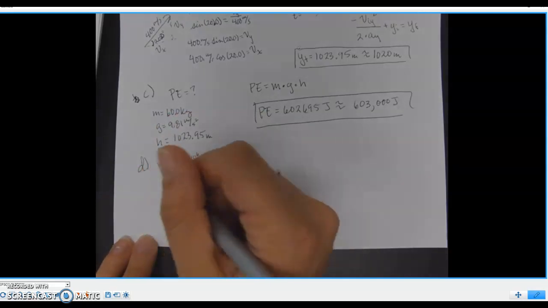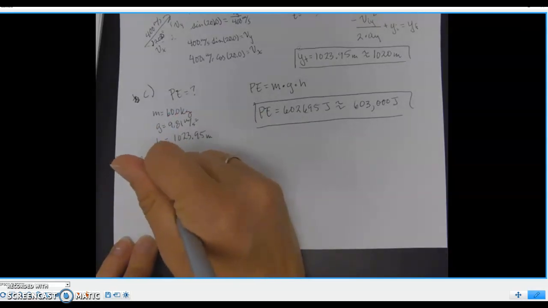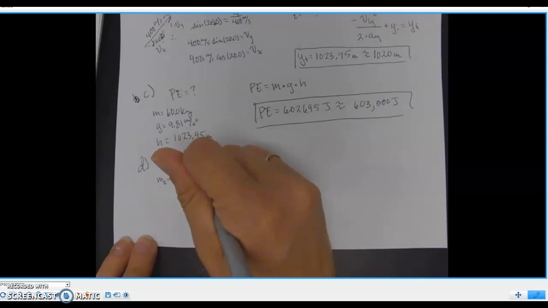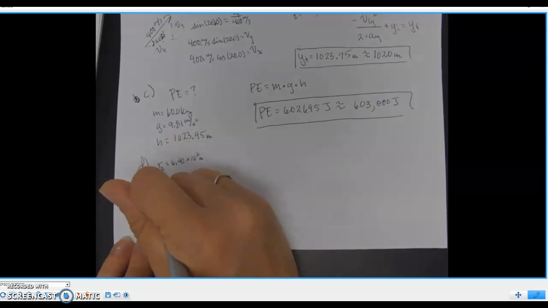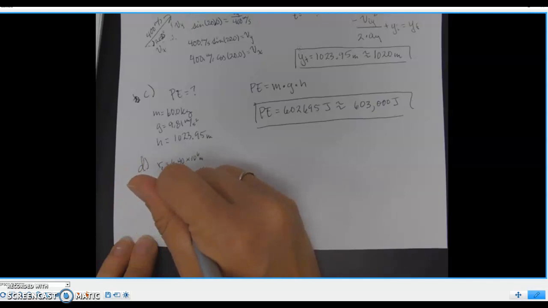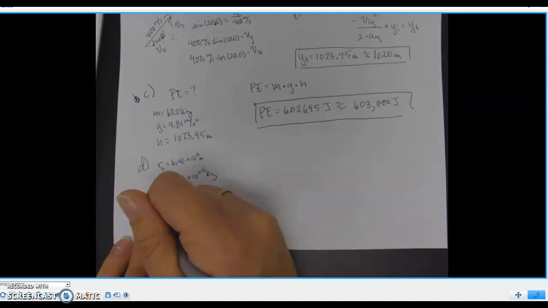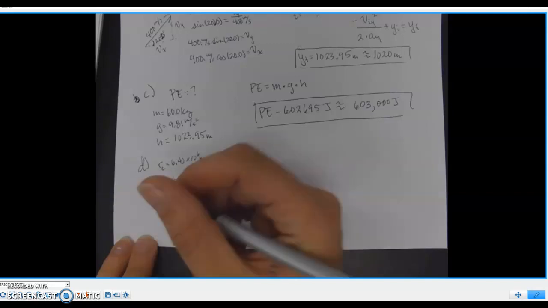We know that the mass of the Earth is 6.00 times 10 to the 24 kilograms. We know the mass of the hammer is 60 kilograms. Also, something to keep in mind, it's asking what the gravitational pull of the Earth on the hammer is at the top of the arc.